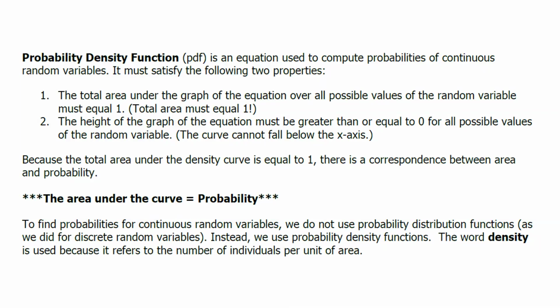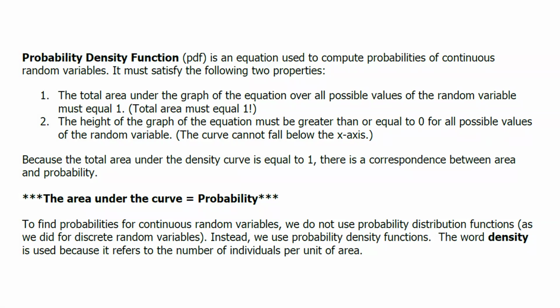The first one being the total area under the graph of the equation over all possible values of the random variable must equal 1, meaning the total area must equal 1. This is similar to the discrete probability distribution, where the probability must also equal 1.